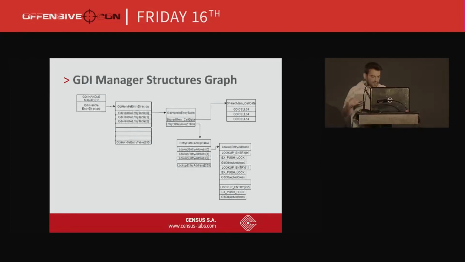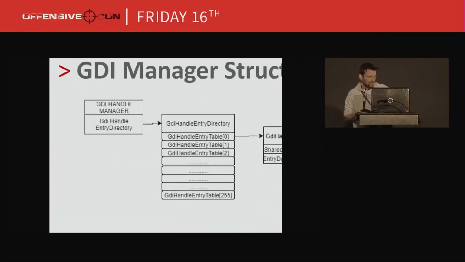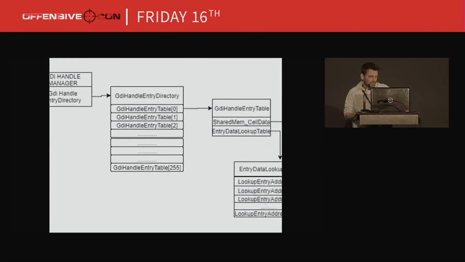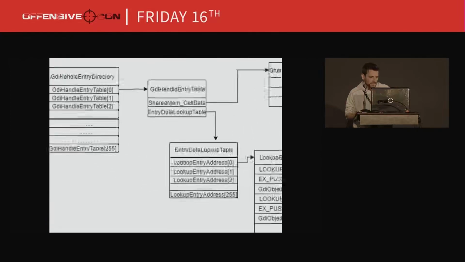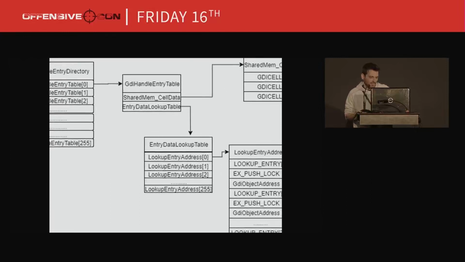Now here is a graph that shows us how these data structures are related. As I said earlier, we have the GDI handle manager, which is the core data structure, the entry directory pointer. The entry directory contains 256 pointers of GDI handle entry table. Each entry table has the shared memory cell data and the entry data lookup table.